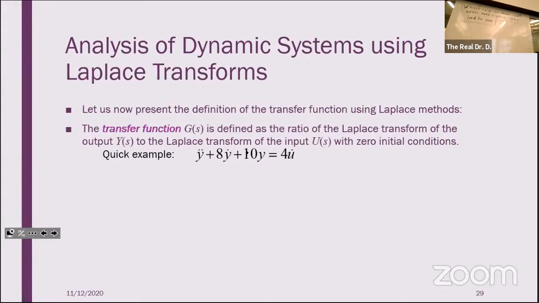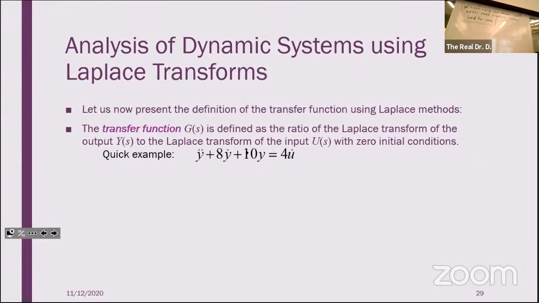Now, I will present to you the formal definition of a transfer function. We did an example of the Laplace transform method, the first one that we did in class today, where we had our ODE and we took the Laplace transform of it and incorporated our initial conditions. So a transfer function, g of s, is defined as the ratio of the Laplace transform of the output y of s to the Laplace transform of the input u of s with zero initial conditions.